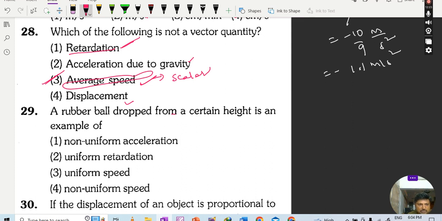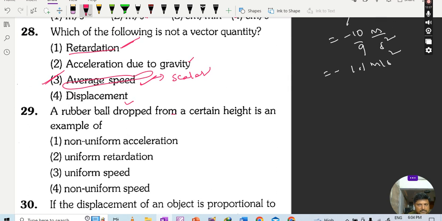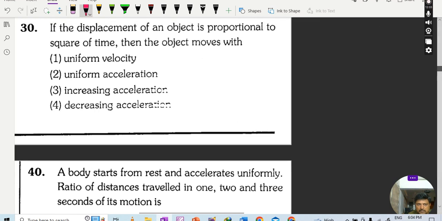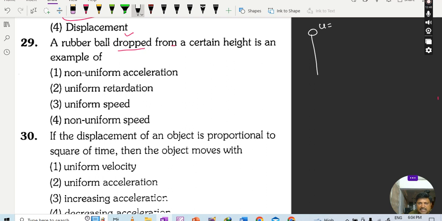Next here, 29th question, my dear. A rubber ball dropped from a certain height is an example of. Here dropped means its initial speed is equal to 0.